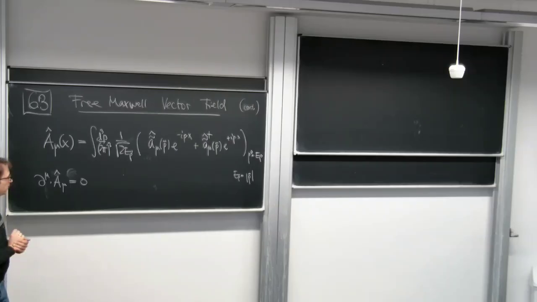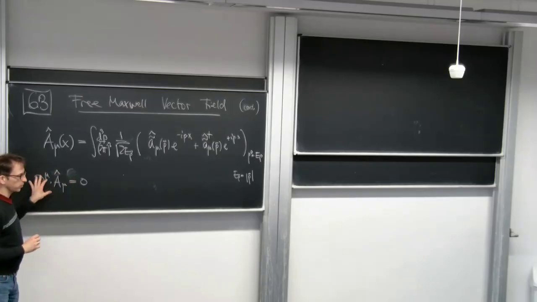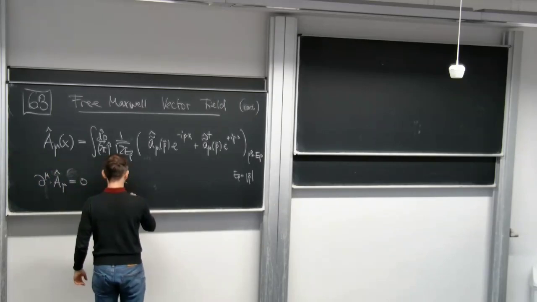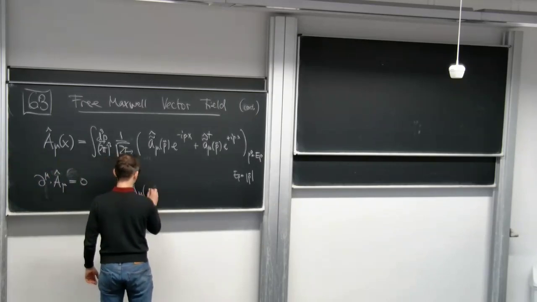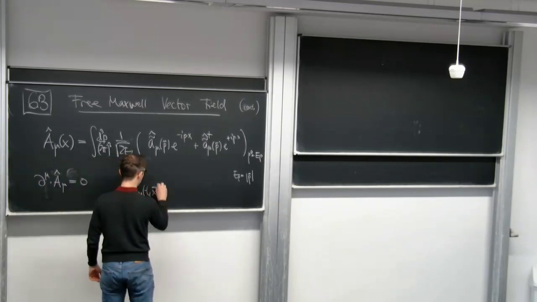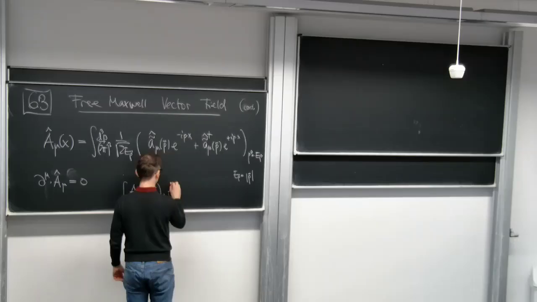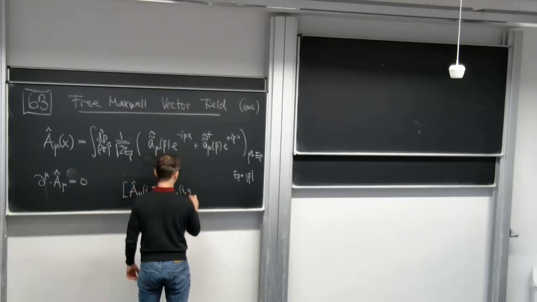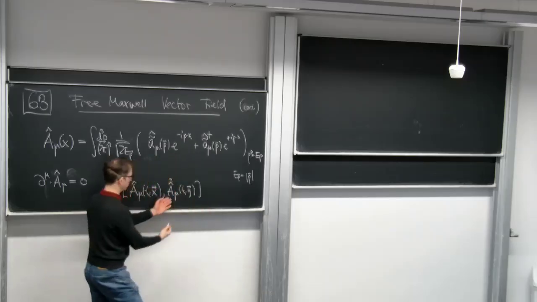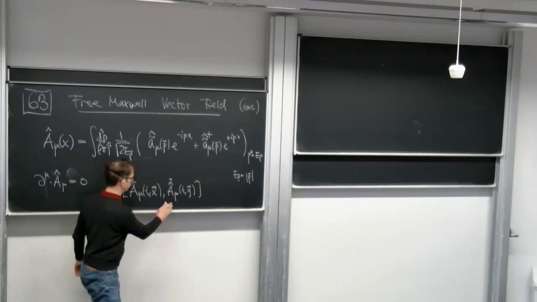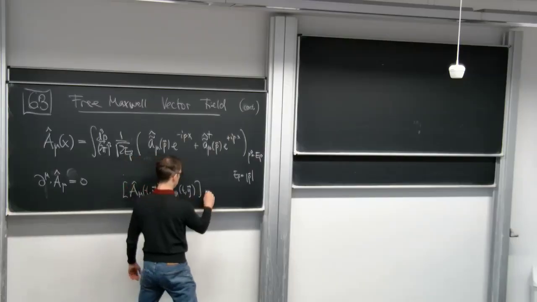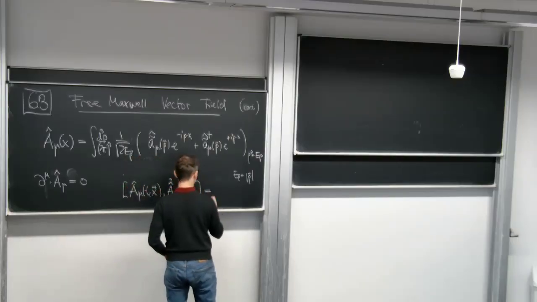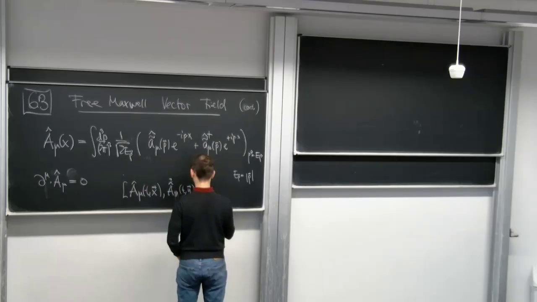In some sense, we had to realize that this didn't work with the commutation relation. So there's this commutator of A^μ(x) with A-dot, and this is the momentum conjugate to A. So this should be non-zero in fact.